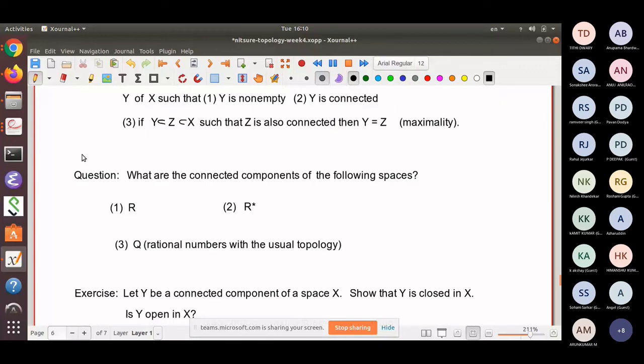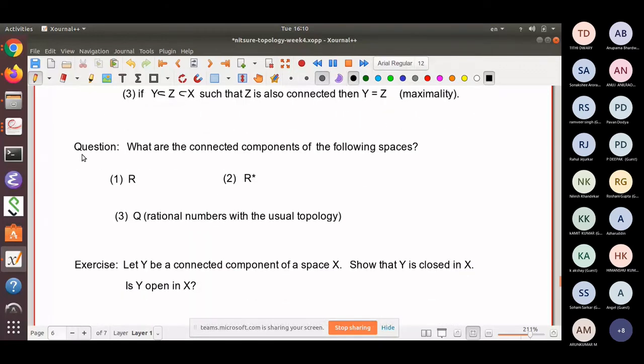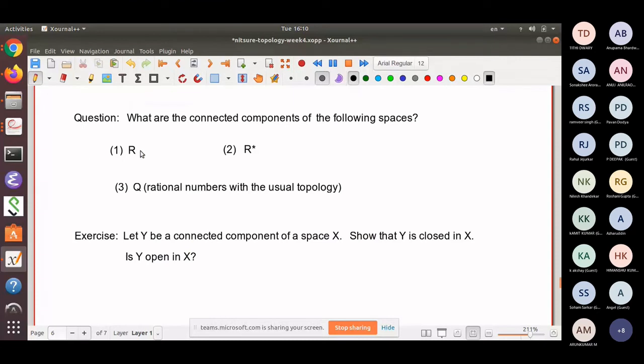So now let's ask for connected components of the following spaces. What are the connected components of R? It's only one component. Yes, and that is R itself. What are the connected components of R star? Two components, positive and negative real numbers. Correct. So here the answer is R, here the answer is R plus, R minus. What are connected components of Q? The singletons. Every singleton point. Yes.